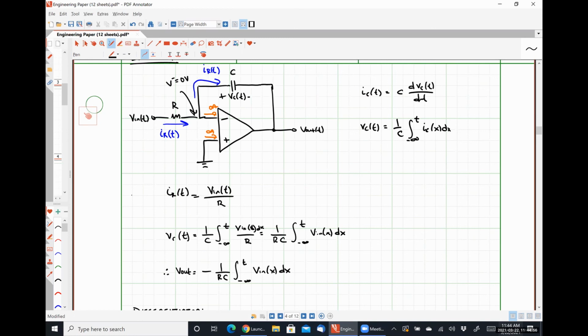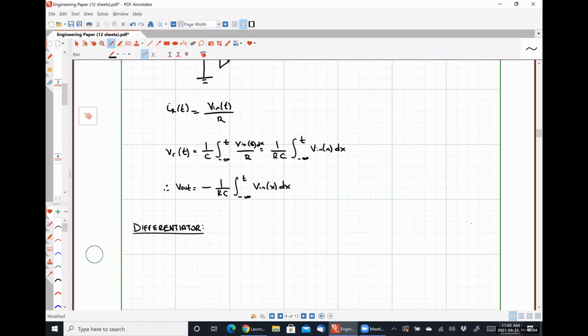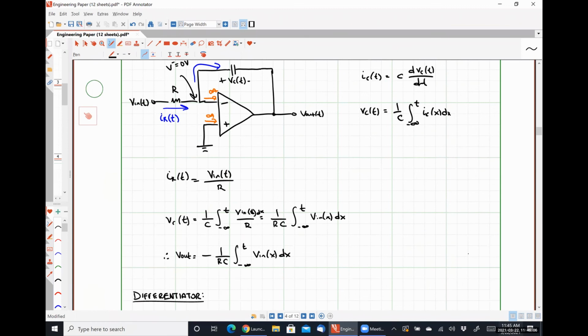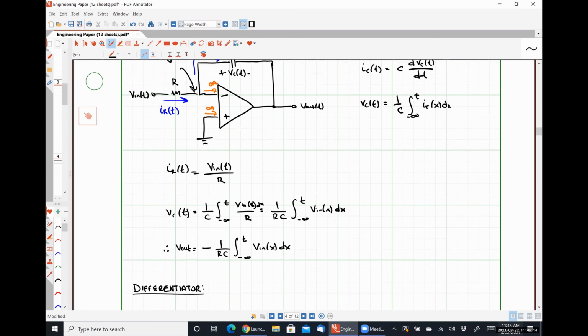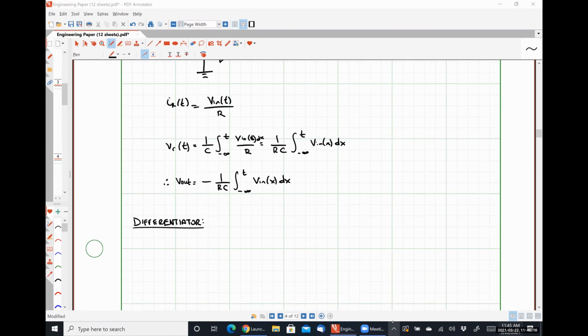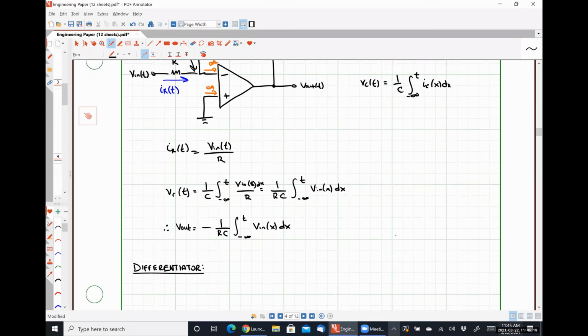You would 99.9% of the time use a capacitor because it gets a more stable signal that's more well-defined. So what we are going to do for the differentiator is simply flip where our resistor and capacitor are placed, and that gives us the opposite mathematical relationship. That was a very good question, though.